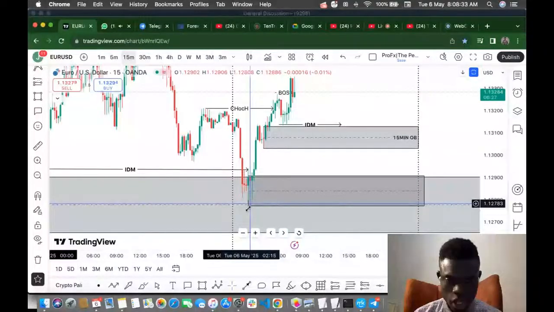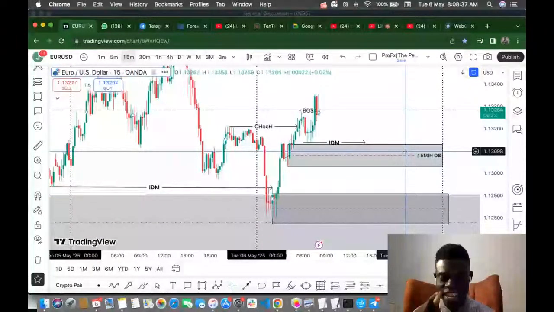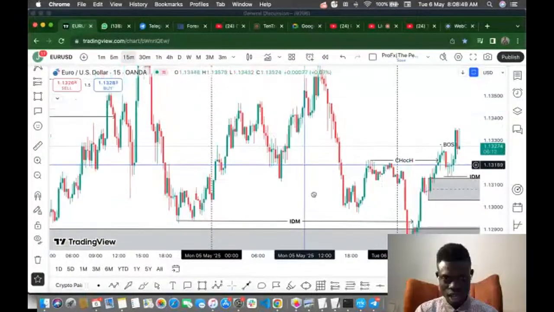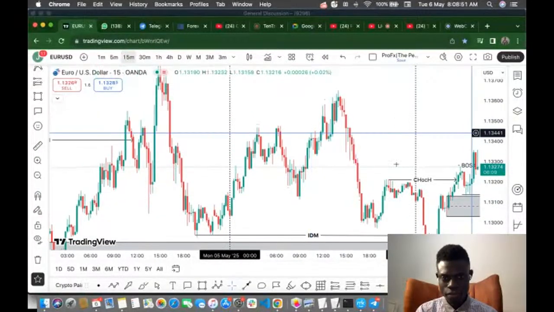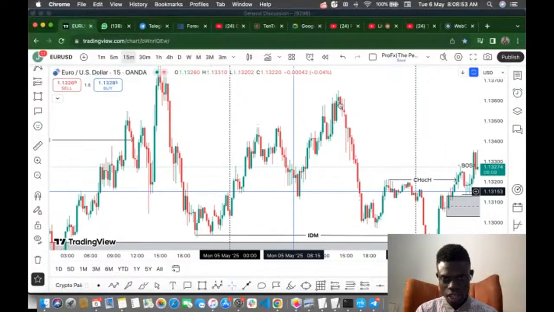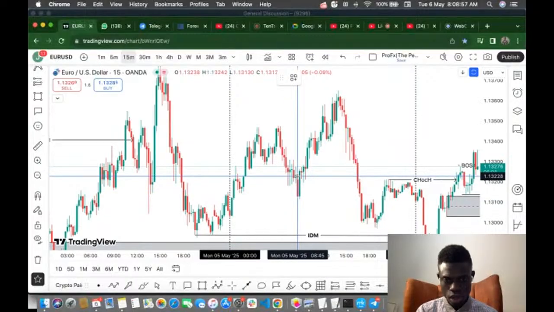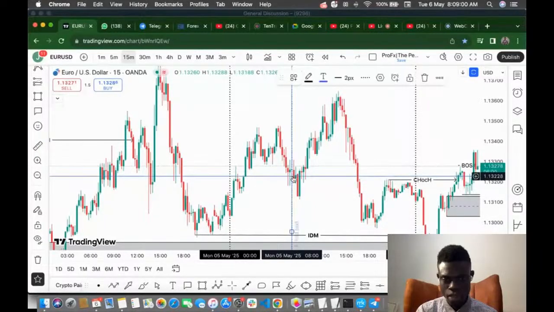I'm very much attentive with the timing, because yesterday also, right by 8 o'clock we had an inducement. Today you can see this buy for London we had. What did I do? I had a vertical line at 8 o'clock, showing me the inducement at that point in time. And look at what happened.